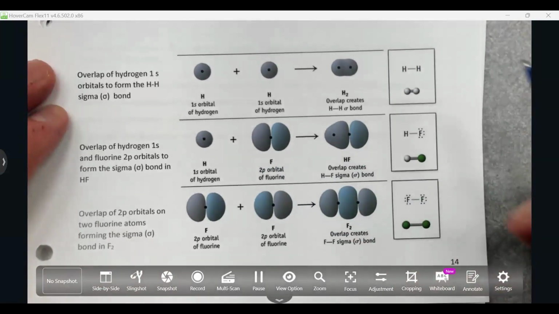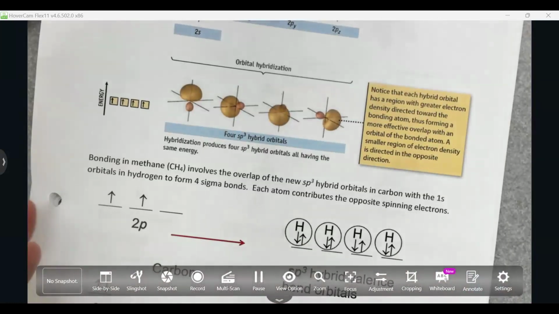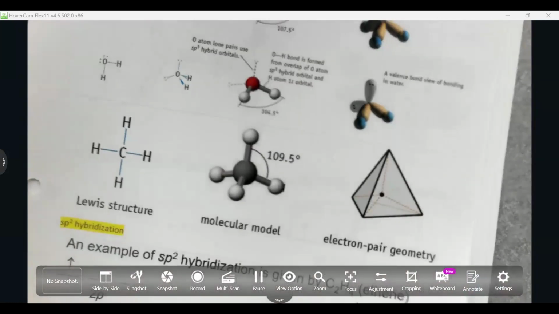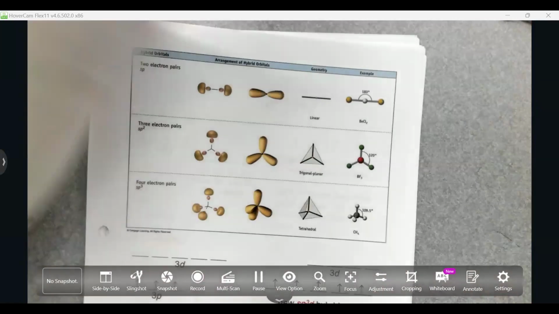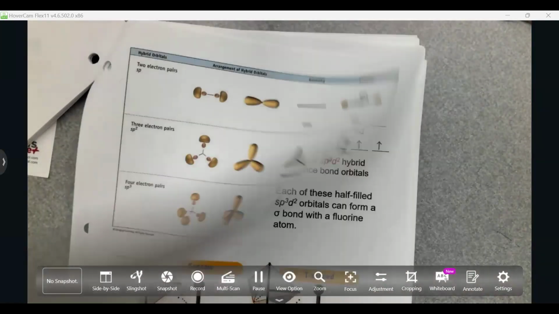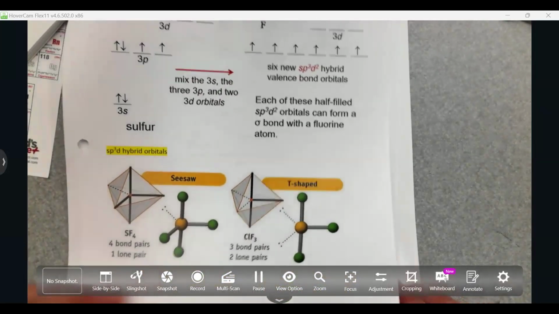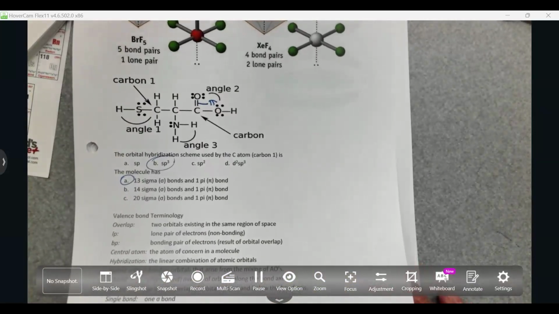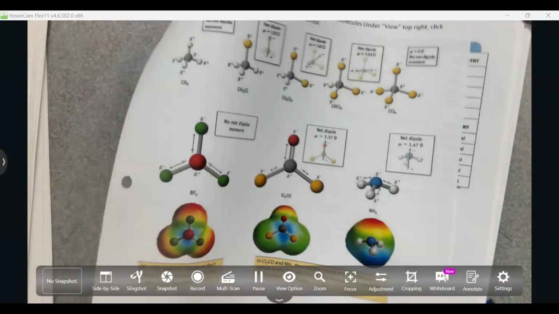So this actually is the question that we just looked at. Hybridization. This just shows the overlap again for hybridization. This looks at your shapes. It does actually a pretty good job with that. I must have the wrong one out here. Page 22.